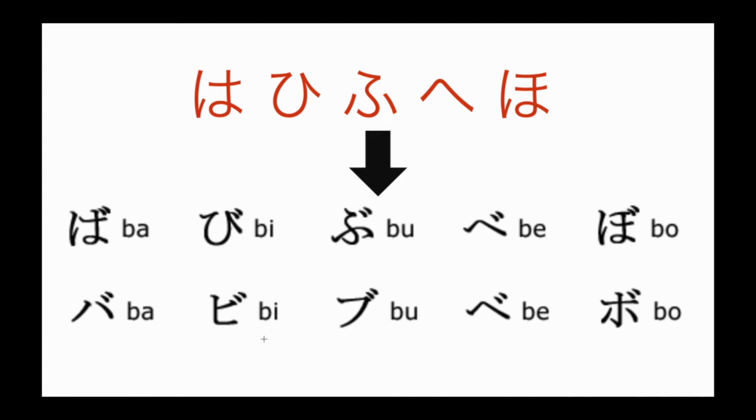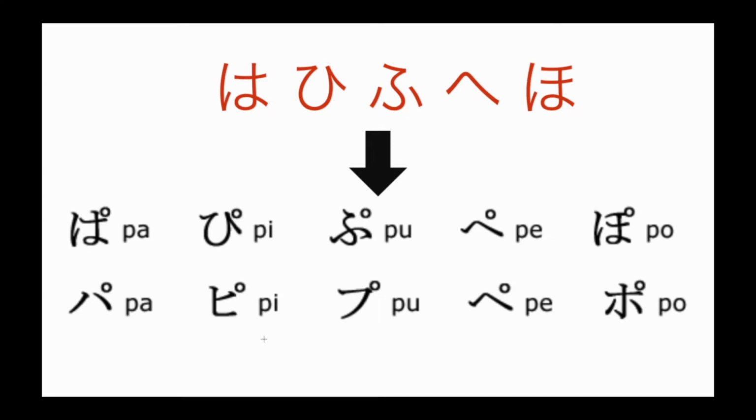So till now, what we have seen is diacritical. Next one is handakuten, meaning instead of 2 strokes, a circle is added, and this happens only to the ha line, so the ha line will have 3 different sounds now.